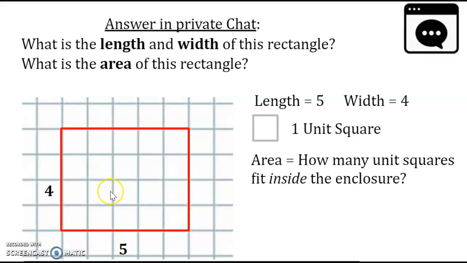The area is really talking about how many of these little unit squares fit in this red rectangle, and it turns out to be 4 times 5 because there are 4 in a column and there are 5 of those columns. So 4 times 5 is 20. So the area is 20 unit squares. Okay.